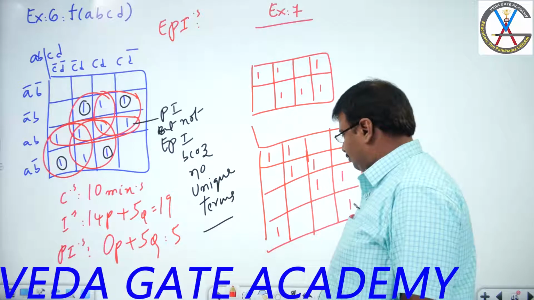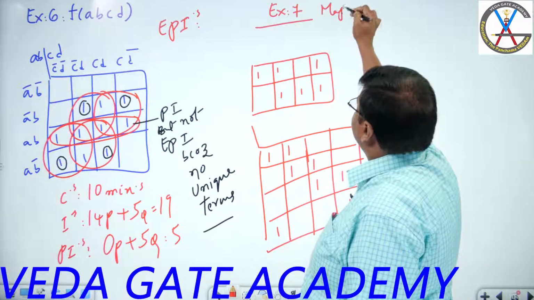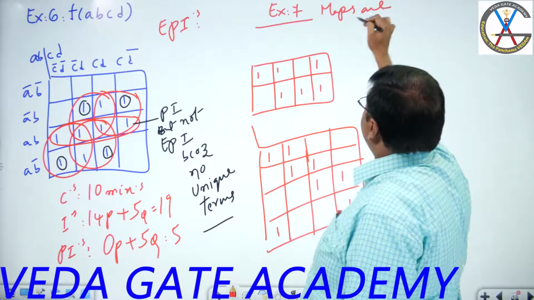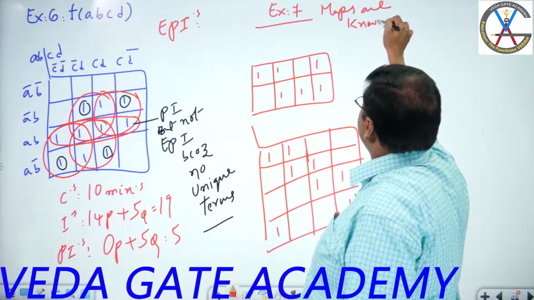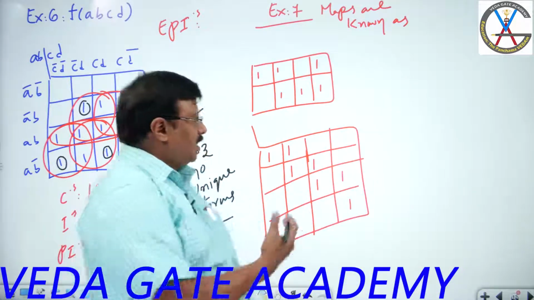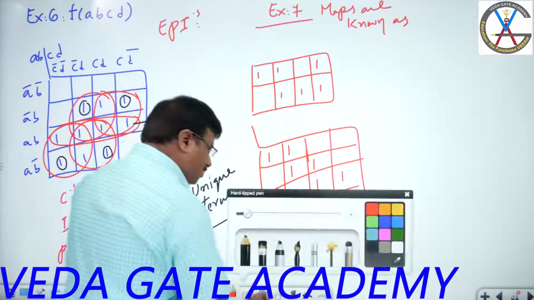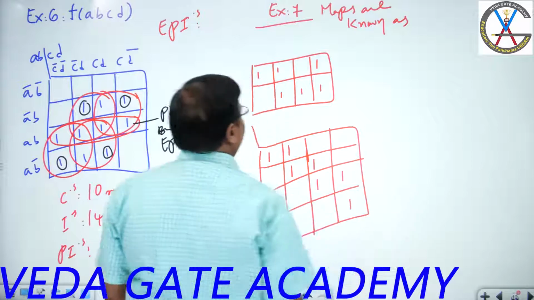We have a question: these maps are known as what? There is one special name for these maps, and the question asks you what that name is. Let's understand the pulse of the maps now.